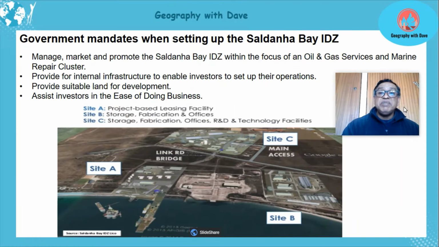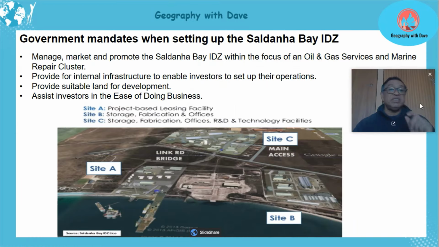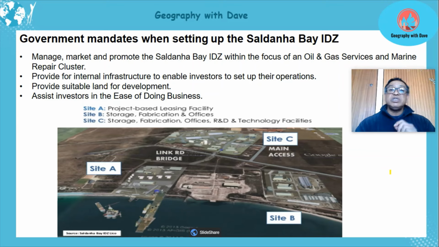Government stipulated things. I thought I want to bring this in because it brings out the purpose of the area and the purpose of the SDI. These were the government mandates, the conditions or the purposes when setting up the Saldanha Bay IDZ, Industrial Development Zone.